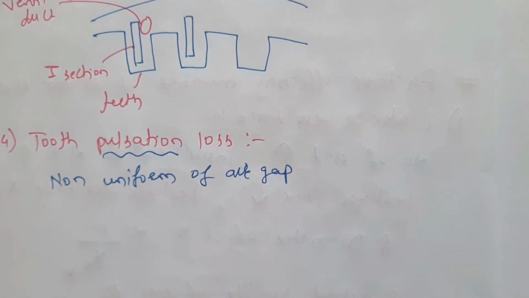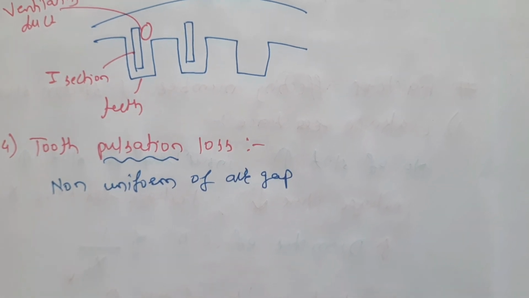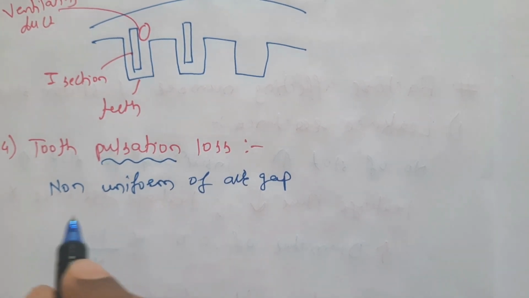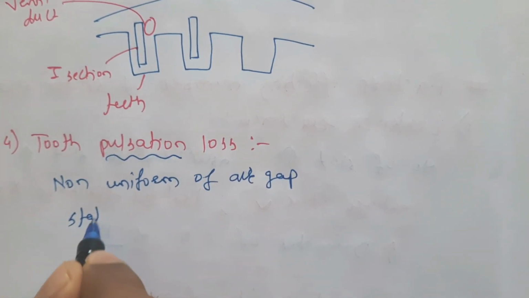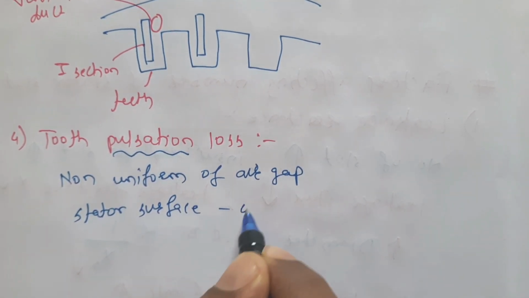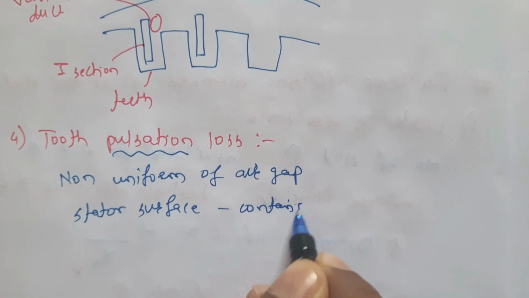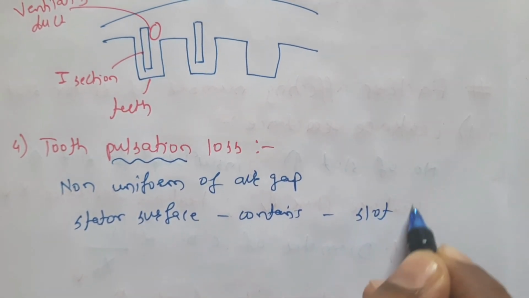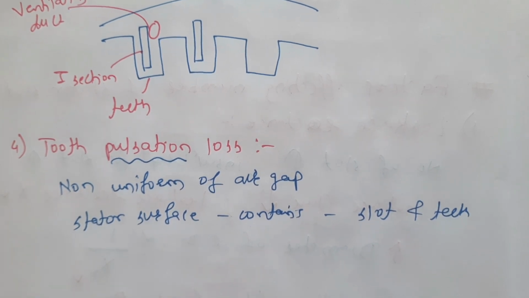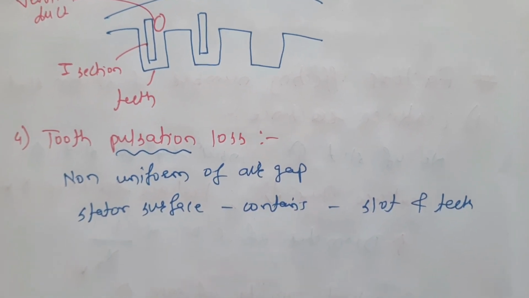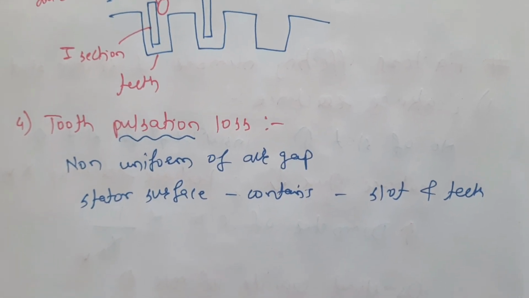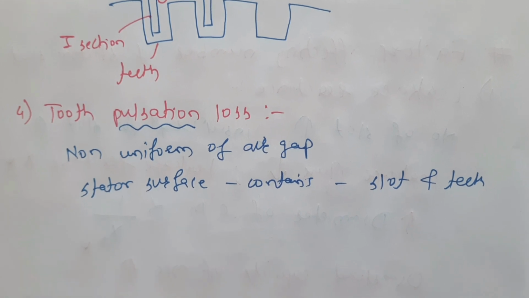Therefore, flux is non-uniform. The non-uniform flux occurs due to slotting, since stator surface contains both slot and teeth. Therefore, this stator surface is not smooth. Therefore, the air gap is non-uniform. Since air gap is non-uniform, therefore flux is non-uniform, and due to this non-uniform flux tooth pulsation loss occurs.